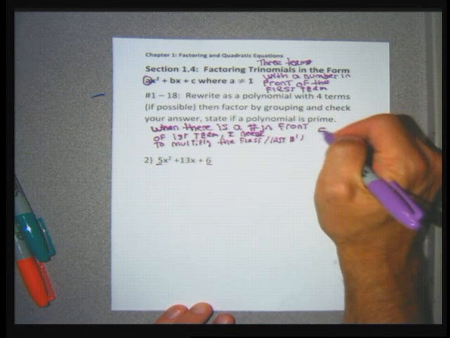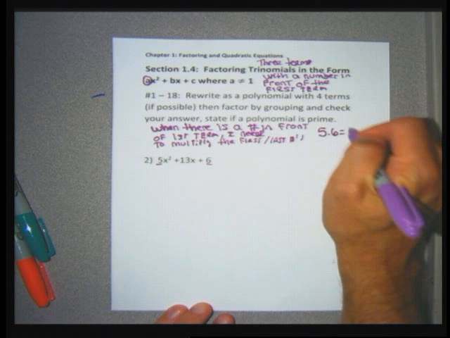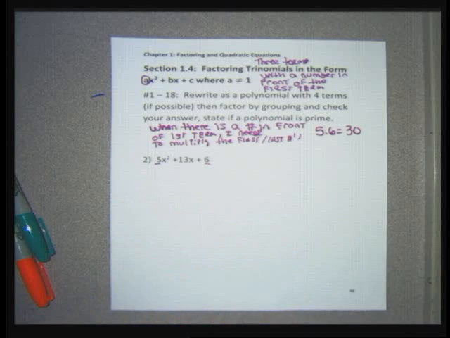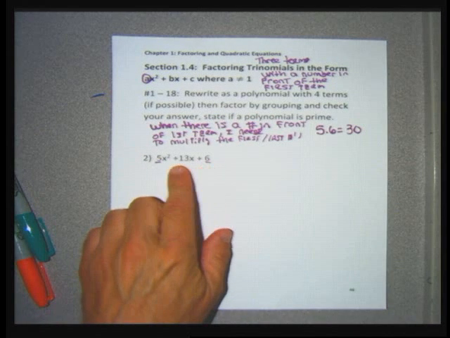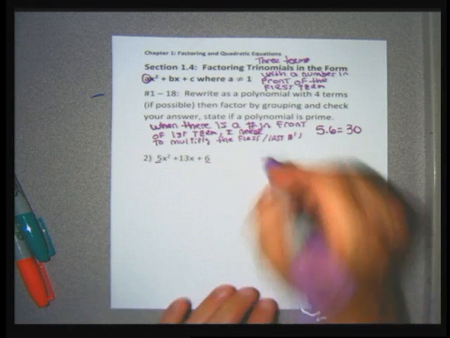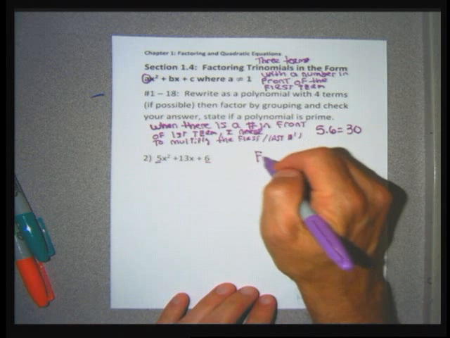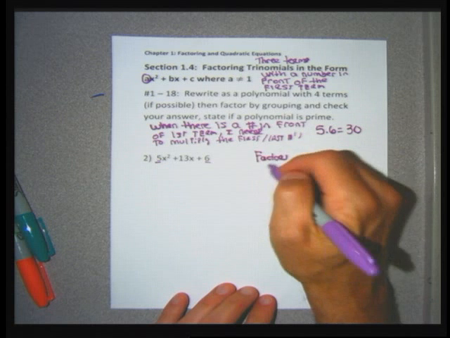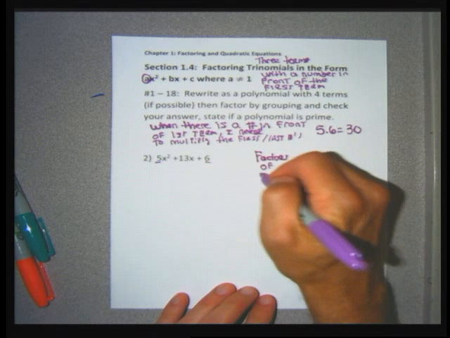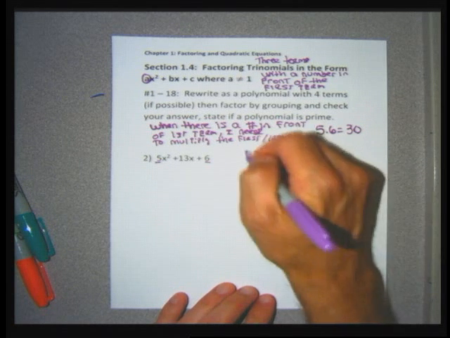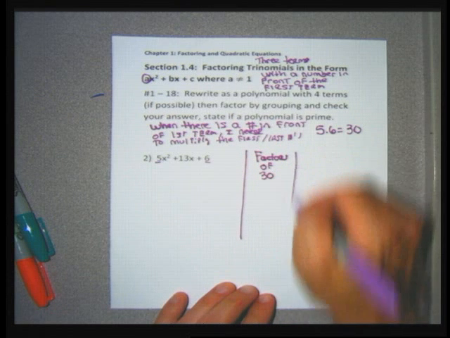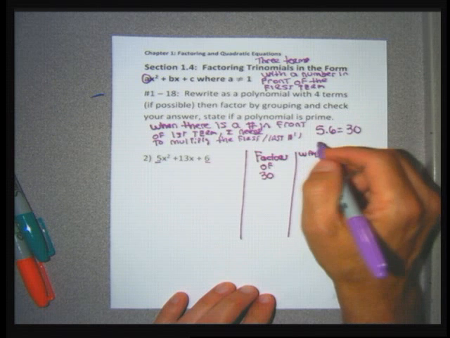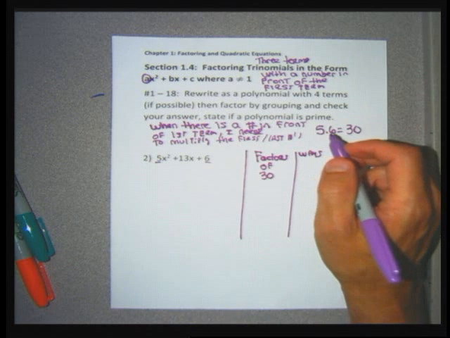So again, this is anytime there's a number in front of the x squared term, I can't just look at the last number to turn the last number into a middle number. I have to look at a product. That should be more consistent with what I did last time.